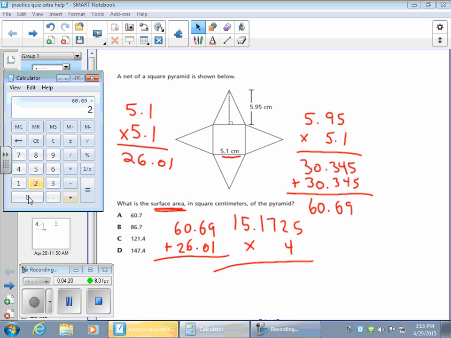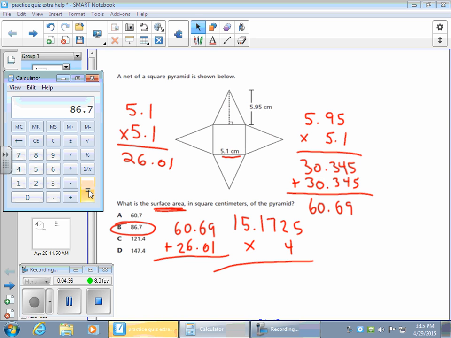If you type it on the calculator, it equals 86.7. Then you could write it on the paper. All right, number 1 done.